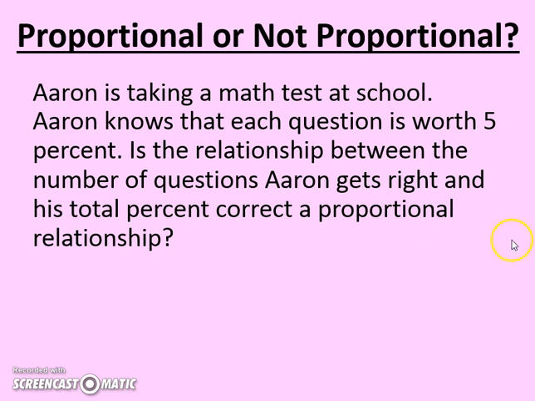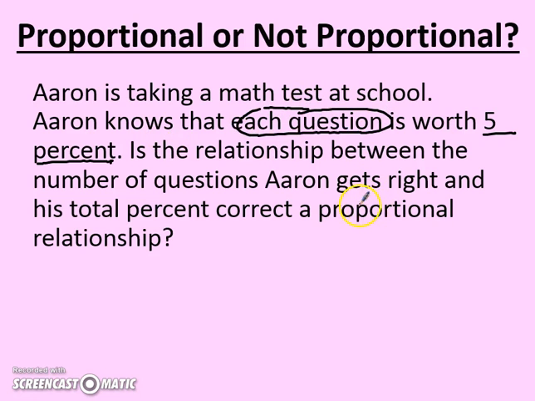Let's look at another situation. Aaron is taking a math test at school. Aaron knows that each question is worth 5%. Is the relationship between the number of questions Aaron gets right and his total percent correct a proportional relationship? Well, we can see that he's getting 5% for each question.